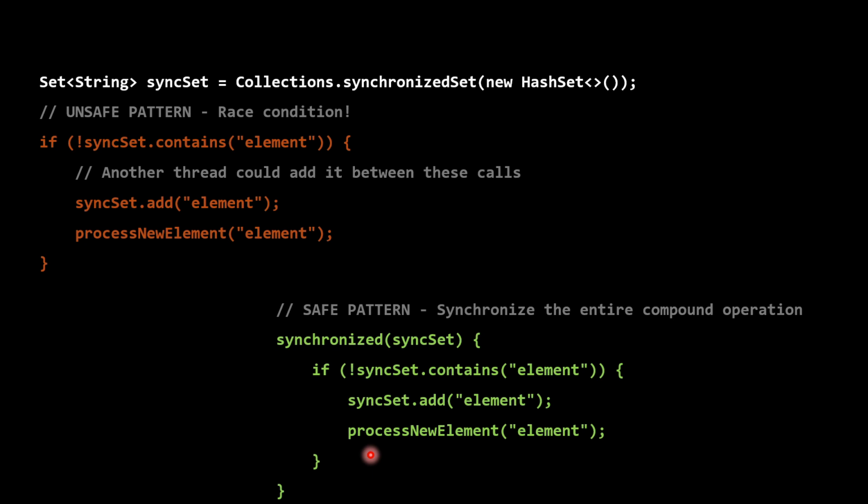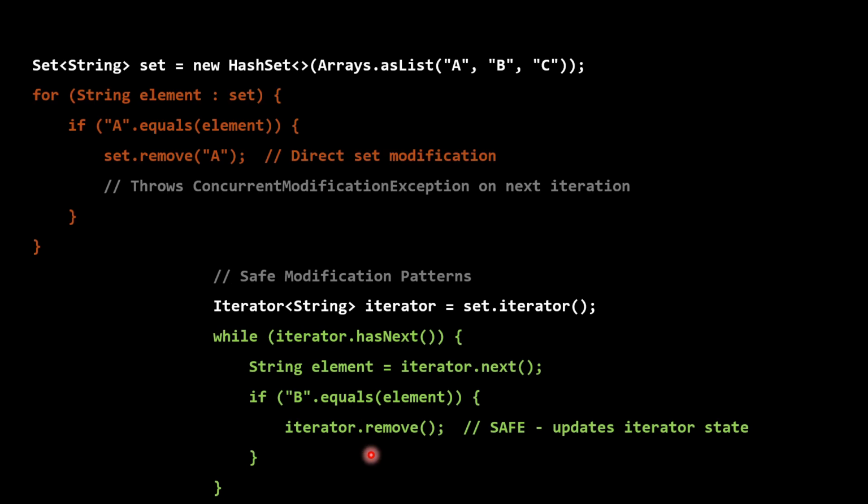Let's look at another common issue with iteration. ConcurrentModificationException occurs when a collection's structural modification count changes unexpectedly during iteration. HashSet maintains a modCount field that increments on each structural modification.